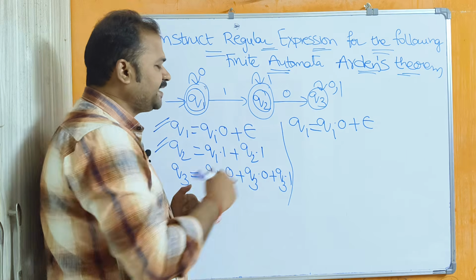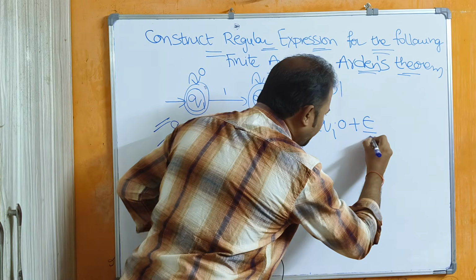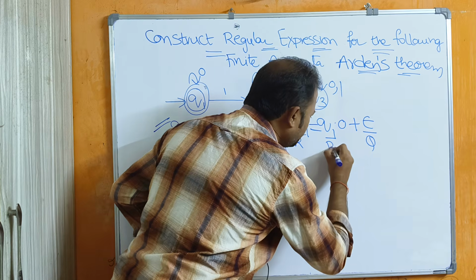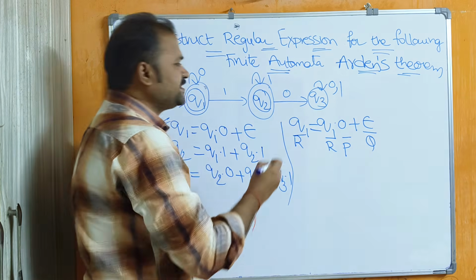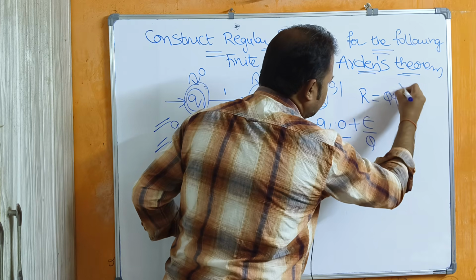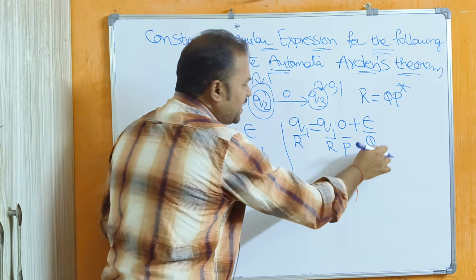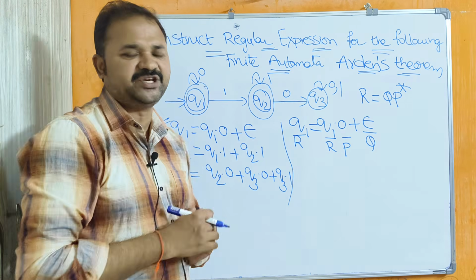Arden's theorem means if a regular expression is in the form R equals Q plus RP, then the solution is R equals QP star. If you see here, R value is Q1, Q value is epsilon, P value is 0.